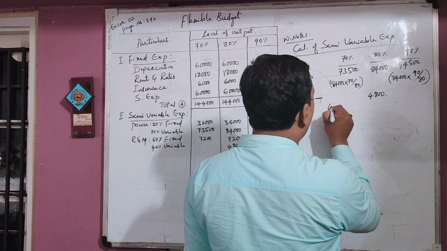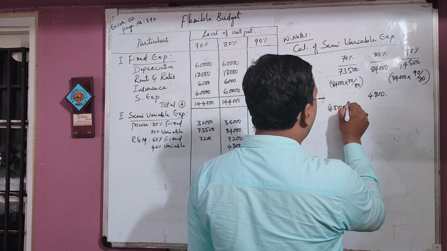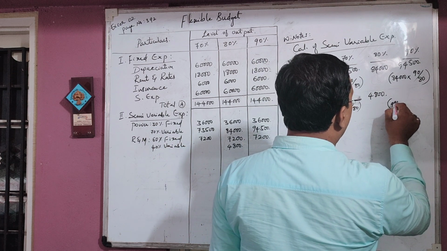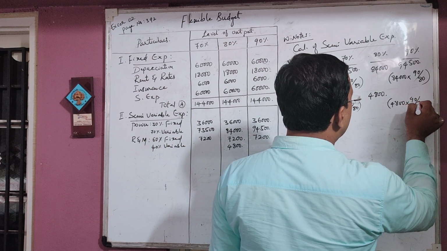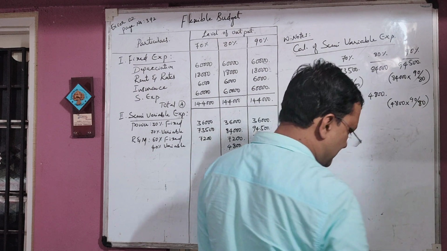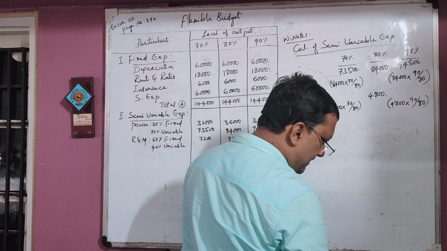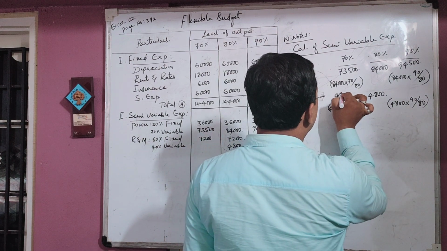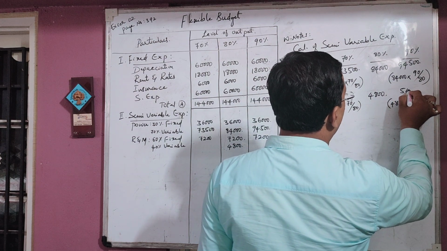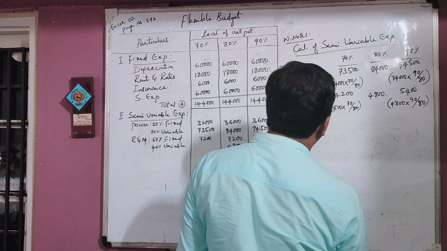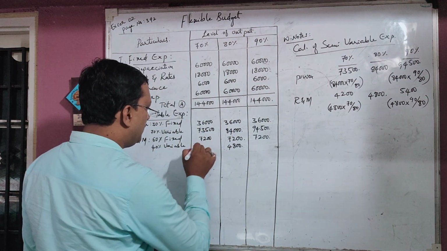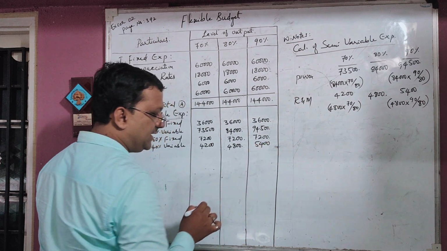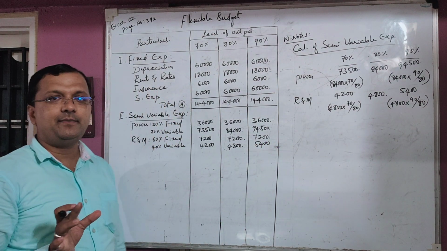Here 4,800 into 70 percentage, the base is 80. Then 4,800 into 90 percentage out of 80, means 80 percentage is the base. According to the calculation, 4,200 and 5,400. Fill it up: 4,200 and 5,400. This is about semi-variable expenditure.